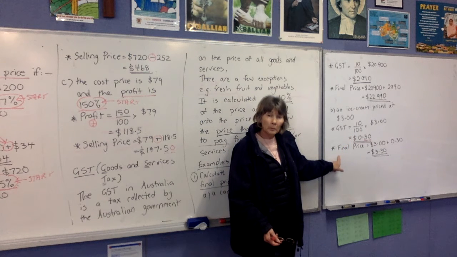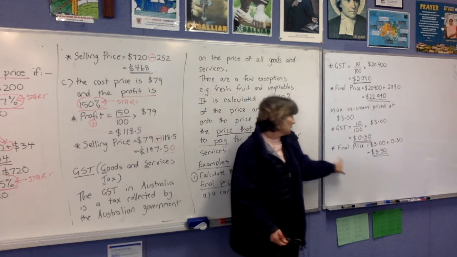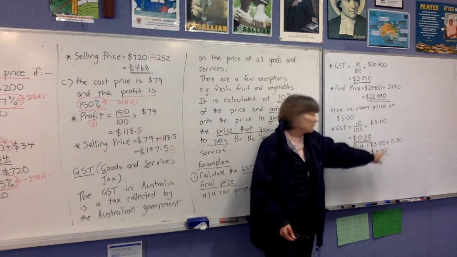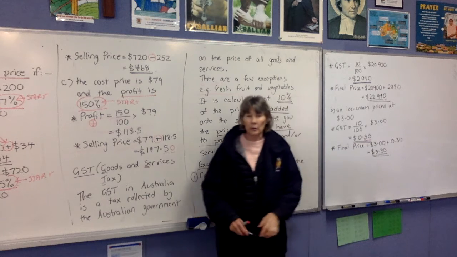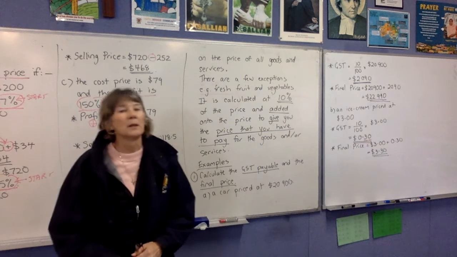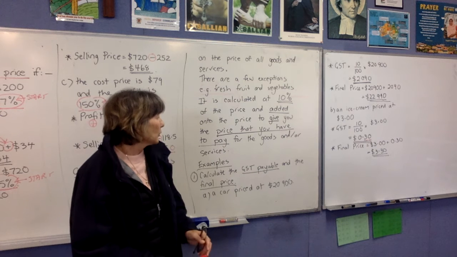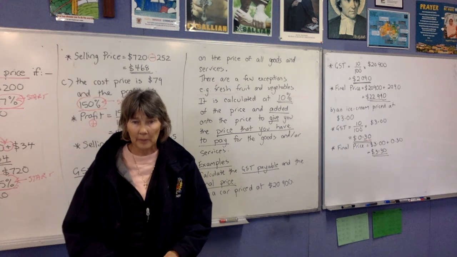Then when you find the final price for what you pay for the ice cream, you'll pay the $3 plus the GST of 30 cents, and you're going to pay $3.30 for that ice cream. $3 goes to the man you bought the ice cream off, 30 cents goes to the Australian government.